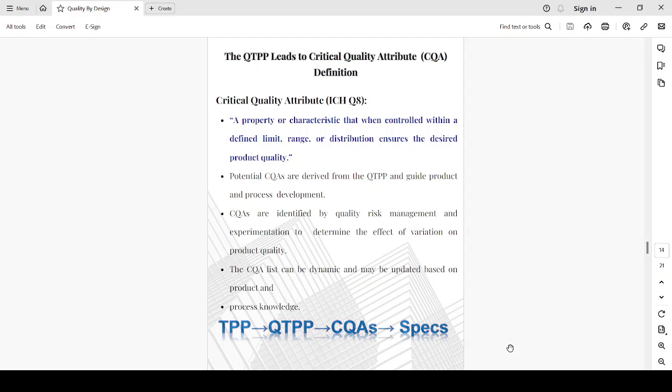So potential CQAs are derived from the QTPP and guide product and process development. They are identified by quality risk management and experimentation to determine the effect of variations on product quality. The CQA list can be dynamic and may be updated based on product and process knowledge.